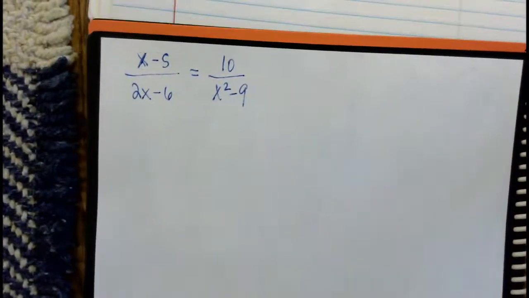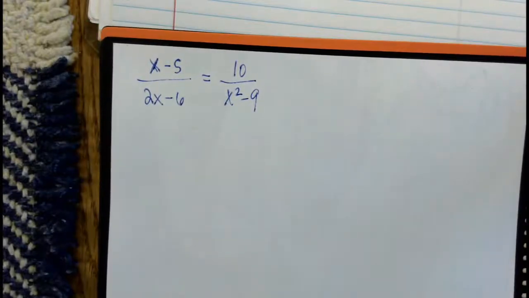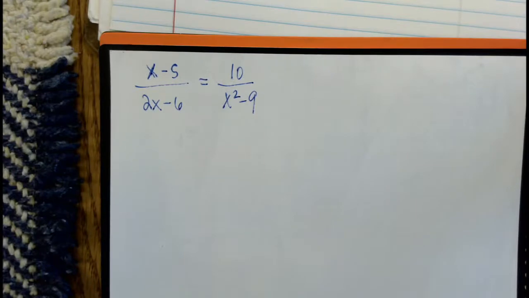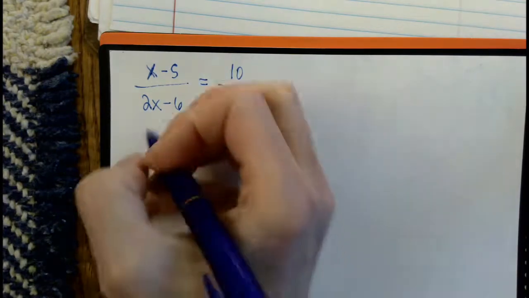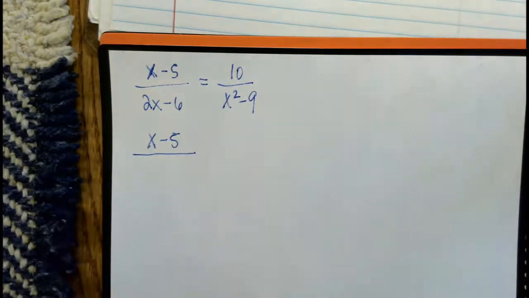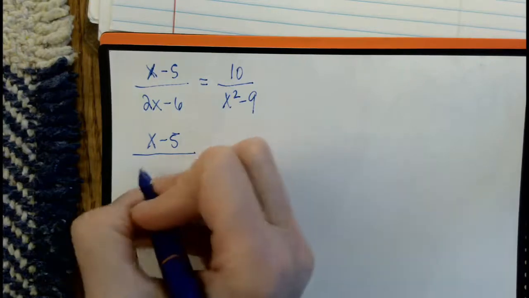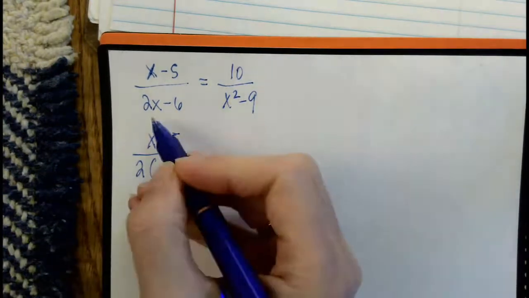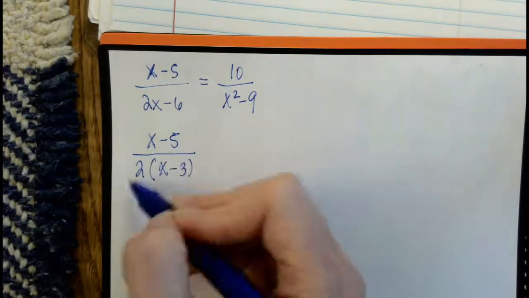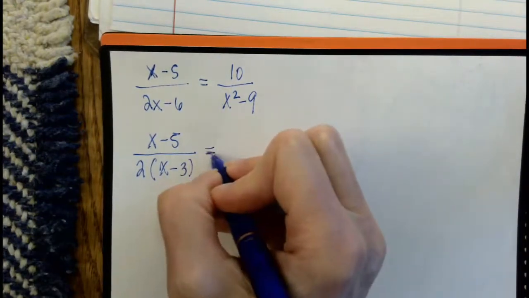And before we get started on this, we really need to factor the denominator so that we can find the least common denominator to help us eliminate the fraction part of the equation to solve. So if we take a look at this first denominator, we're going to factor the greatest common factor of 2, and we get 2 times x minus 3. 2x divided by 2 is x, 6 divided by 2 is 3.